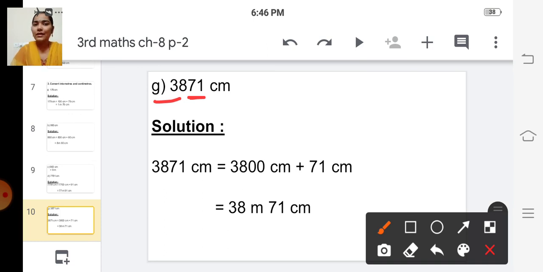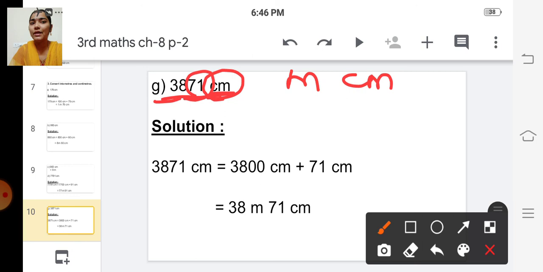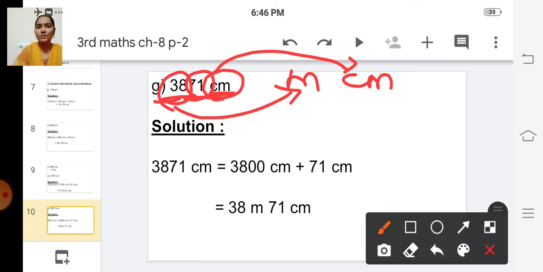So directly you can write it in meters and centimeters, for all the problems in centimeters.